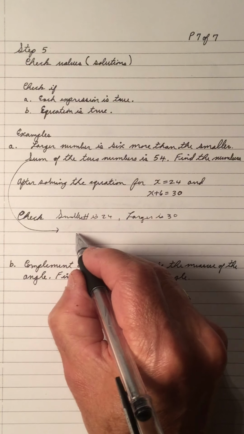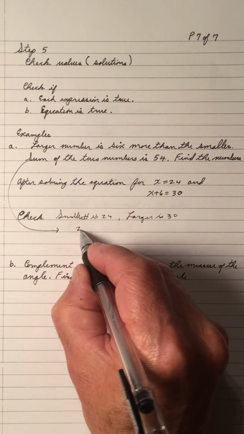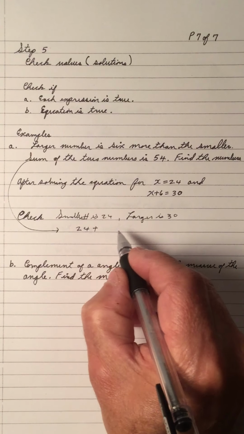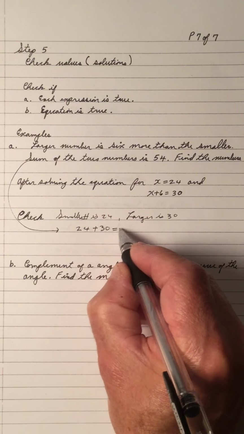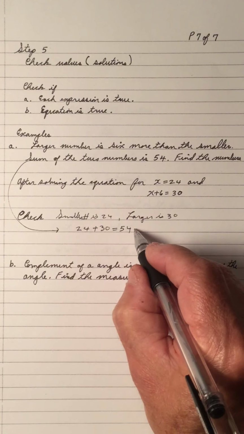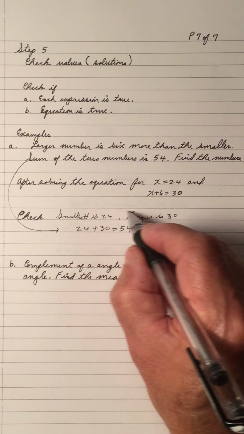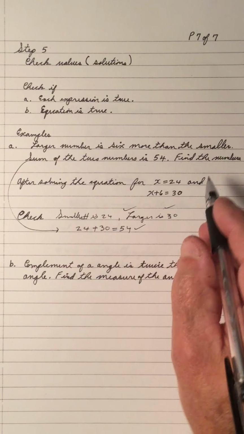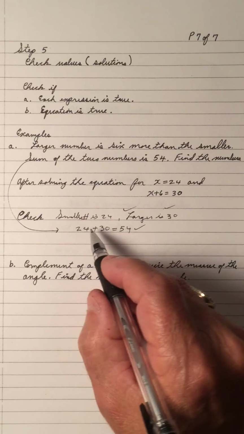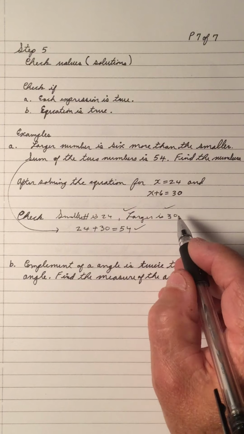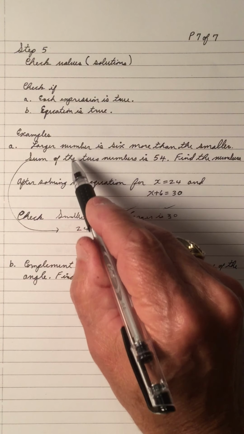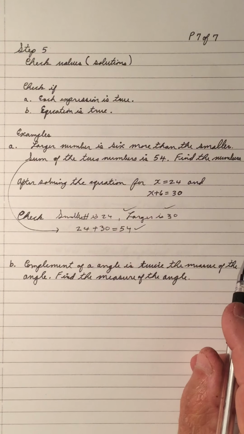The sum of the two numbers is 50. So 24 add on 30 gives you 54. So that equation is not true. This 30 is 6 more than 24. That's true. Therefore, we know that the smaller number is 24, the larger number is 30, because we checked it in the sum of the two numbers also.